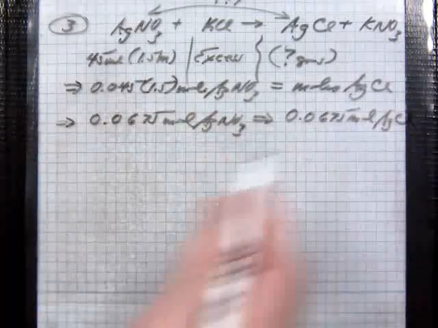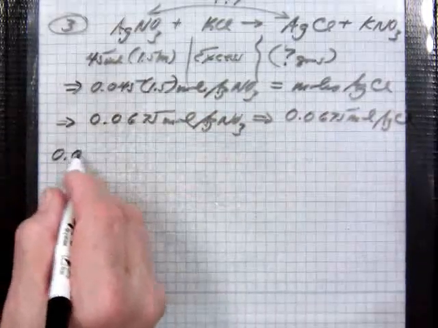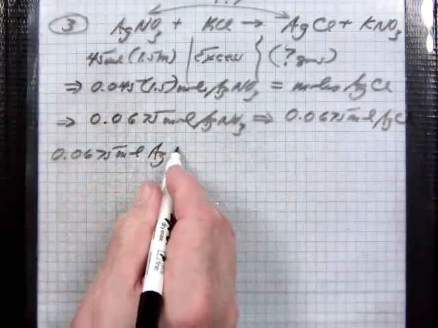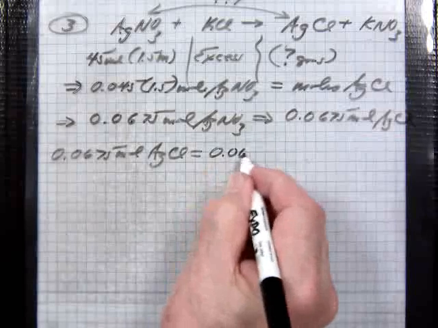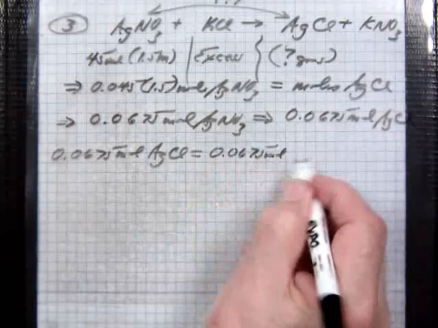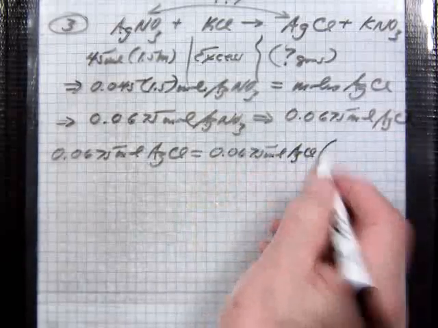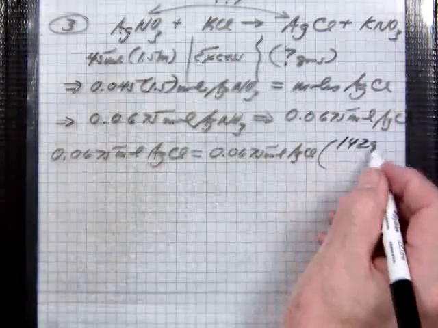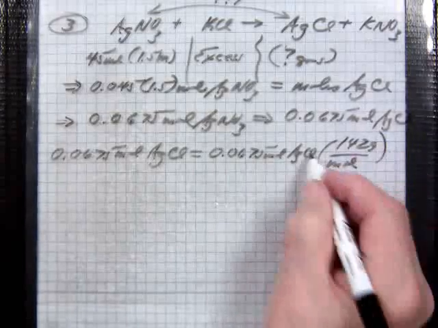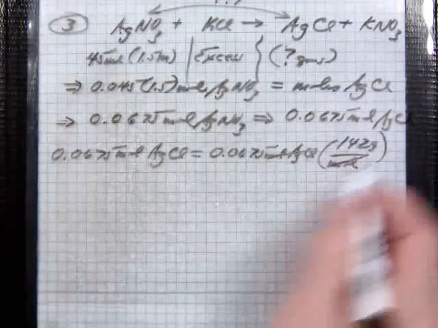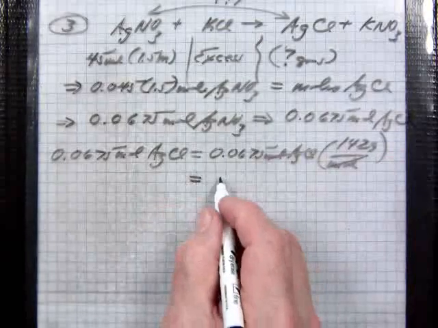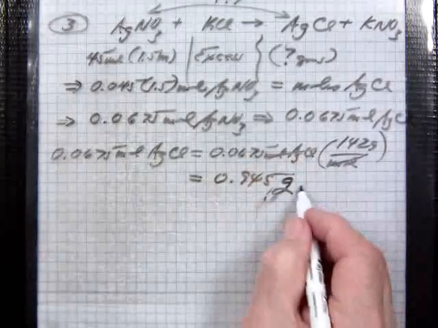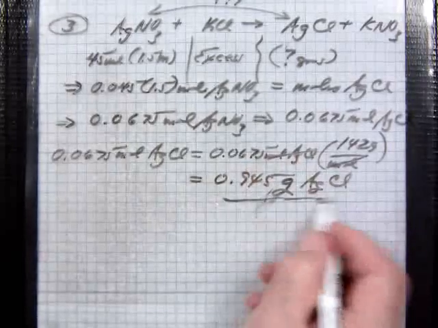Well, 0.0675 mole of silver chloride times 142 grams per mole. And so moles drop out, left with grams of silver chloride, and I got 0.945 gram of the silver chloride. So there's your yield.